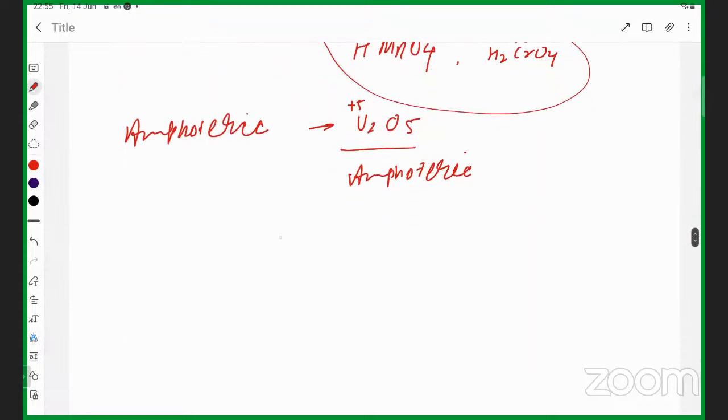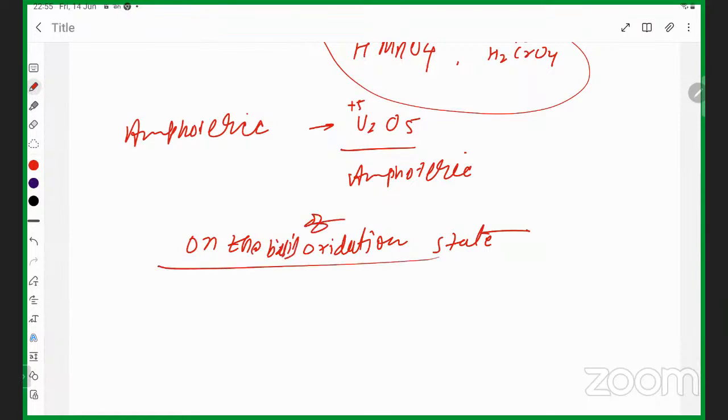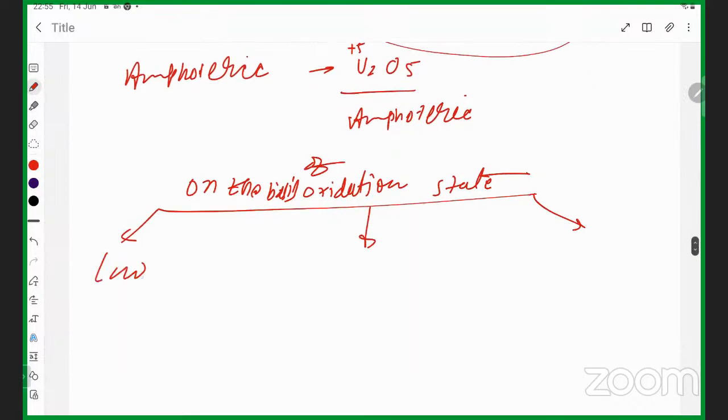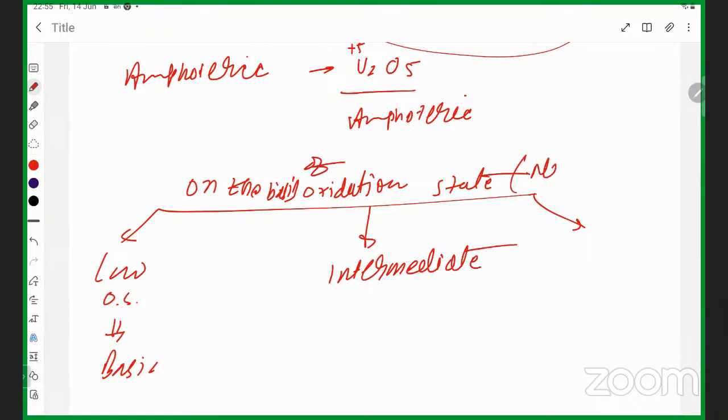If I classify on the basis of oxidation state, the nature of oxides: low oxidation state is going to be basic.